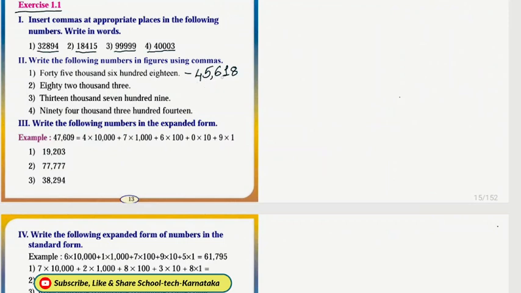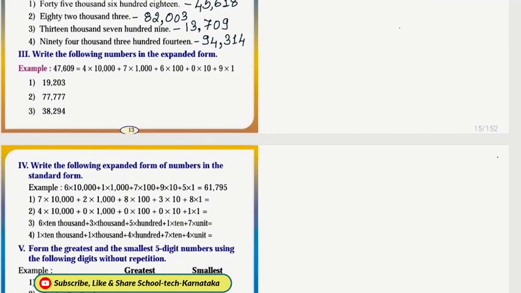So our second number is 82,003. And our third number is 13,709. And our last number is 94,314. So this is how we write the numbers in figures.